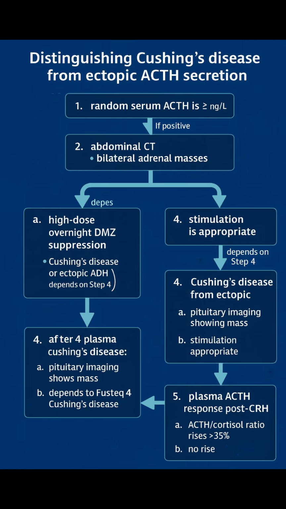Then you give dexamethasone 8 milligrams at 11 p.m. and measure plasma cortisol level the next morning at 8 a.m. In 95% of cases of Cushing disease, the pituitary cause, plasma cortisol levels will be reduced to less than 50% of baseline.